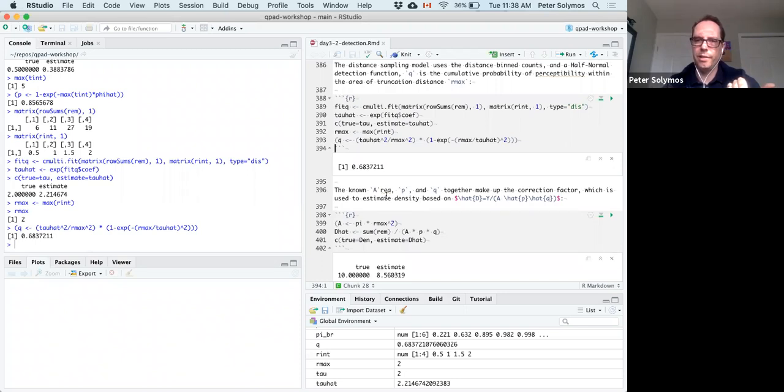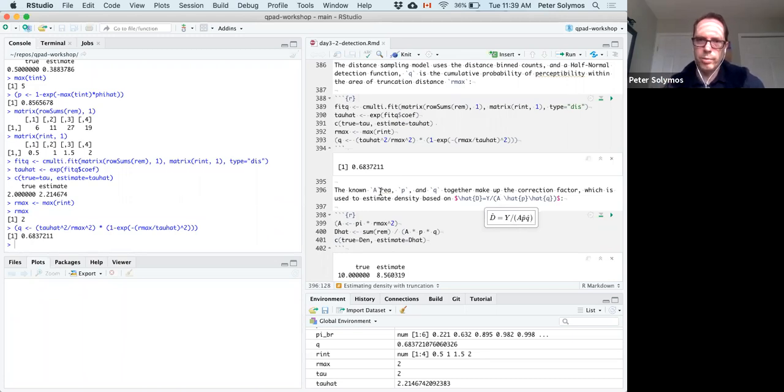So now we have all the 3 pieces that we need to account for availability and perceptibility. We know the area that we are sampling over. And because our expected value of the counts was density times area times P times Q, we can rearrange this and get our estimate for density as our count divided by the product of area times probability of availability times probability of perceptibility, which is P times Q. And these little hats are there because that's coming from some data, and it is an estimate based on the parameter phi or tau.